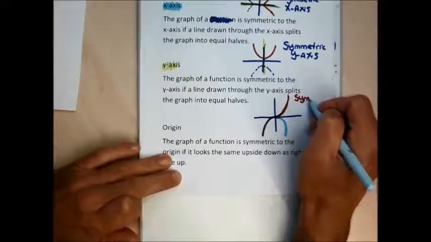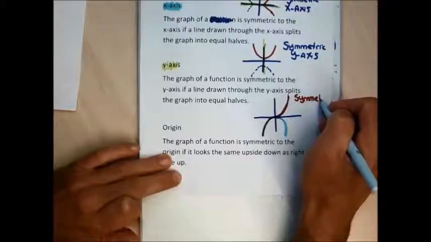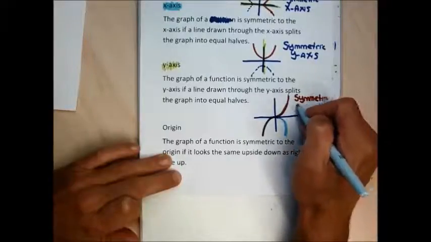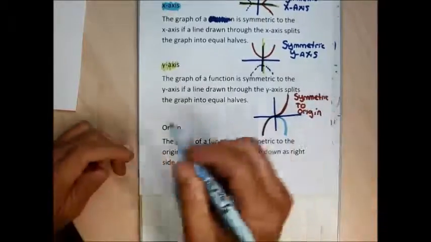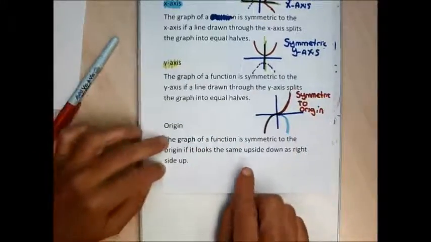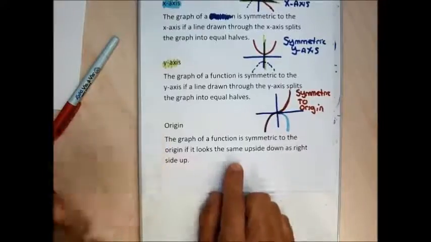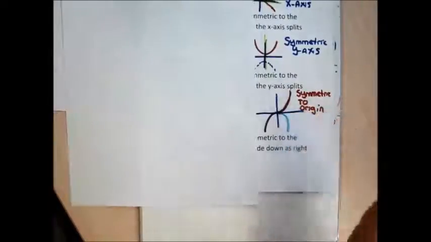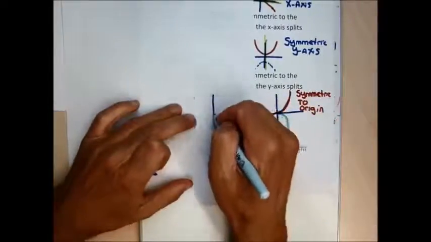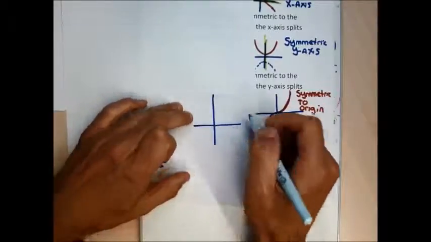And how can I tell by looking at a graph that it's symmetric to the origin? It's not so hard, but it's the hardest of the tests. My test says a graph is symmetric to the origin if it looks the same upside down as right side up. To show you that this graph is symmetric to the origin, I'm going to make a direct copy of the graph, and I'm going to flip it over for you.